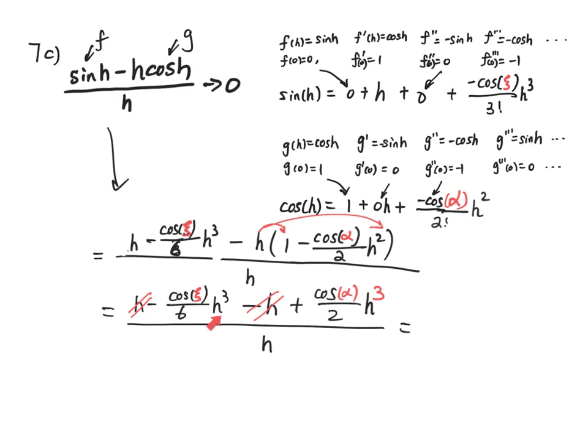we have a common factor h cubed in the numerator, so let's factor it out. So when you factor out h cubed, that's what you have over 6 plus cosine alpha over 2.